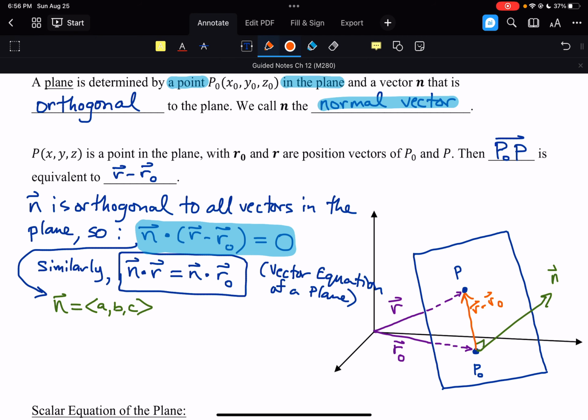And the vector r minus r naught, well, r corresponds to x, y, z, and r naught corresponds to x naught, y naught, z naught. So that's x minus x naught, y minus y naught, z minus z naught.